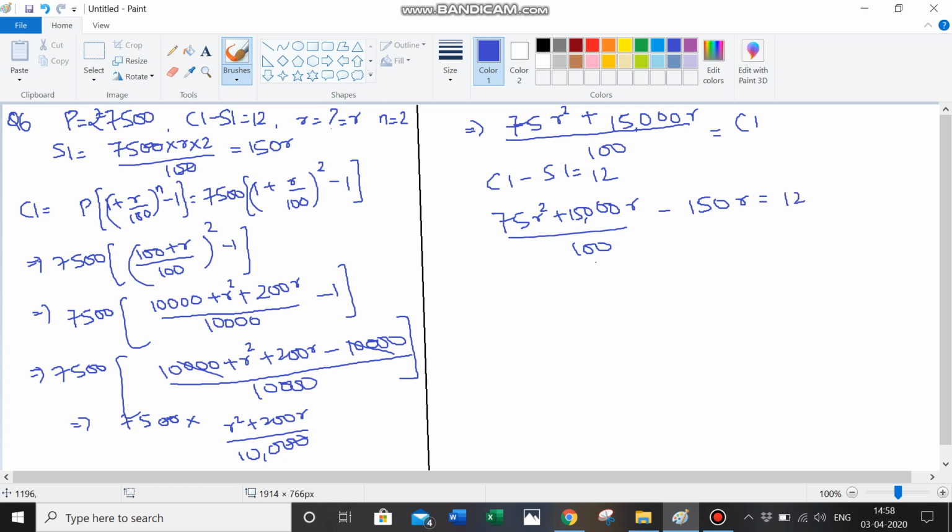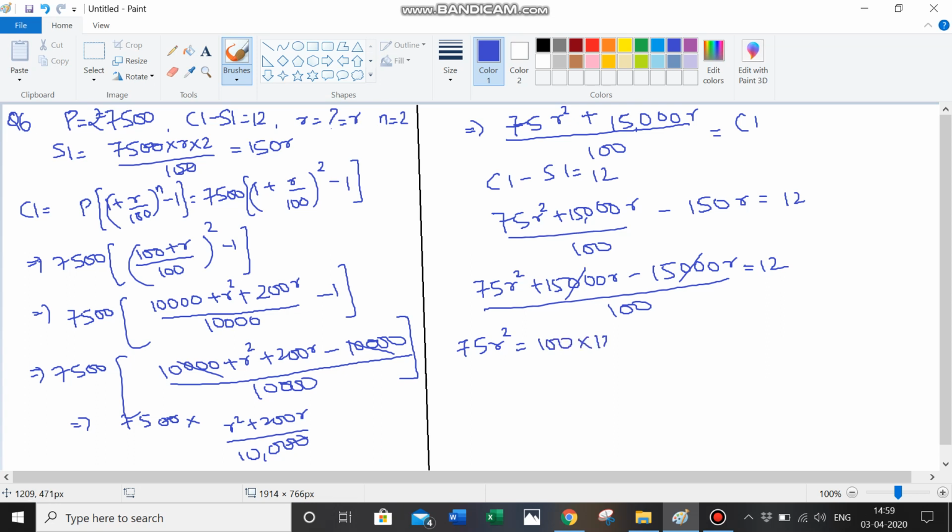That's what's given. So let's take LCM again. 75 R square plus 15,000 R upon 100 minus 150R is equal to 12. This and this get cancelled, so it is 75 R square is equal to 100 into 12.